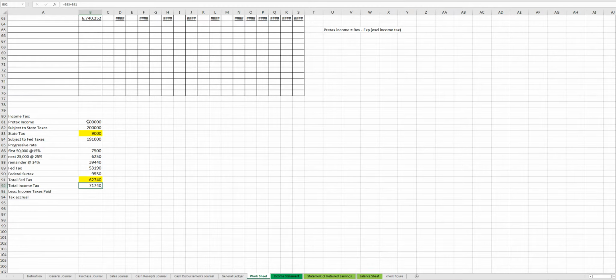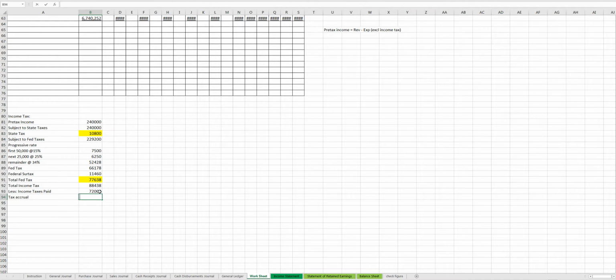So let's increase my assumption. Let's say my pre-tax income is $240,000. That's much closer to the actual pre-tax income in this project. If you look at the question, we already paid $72,000 during the year.